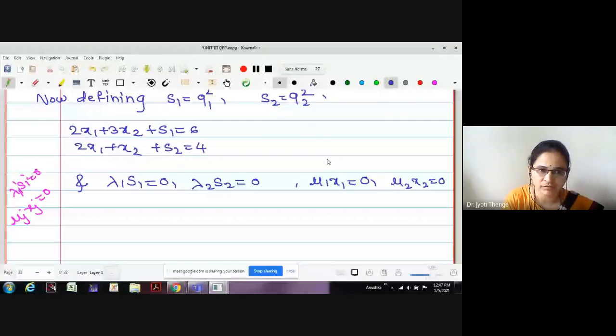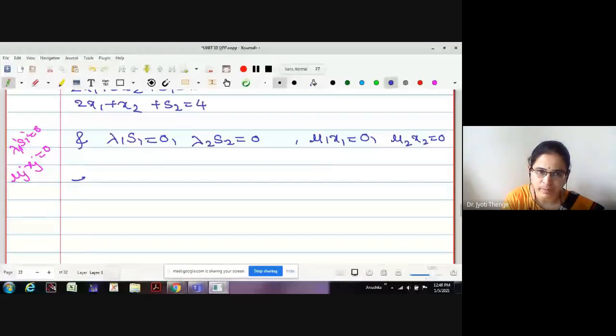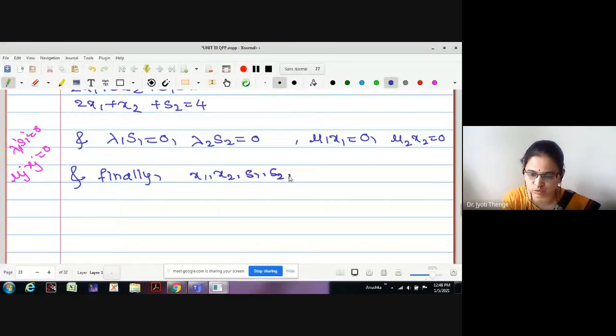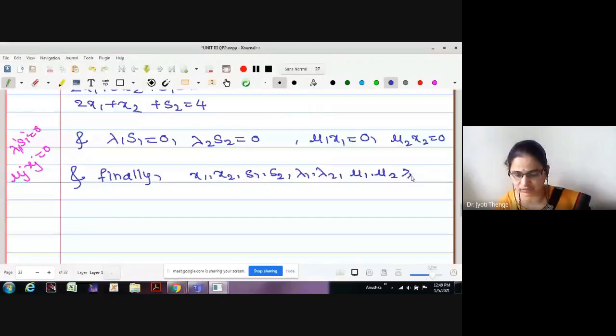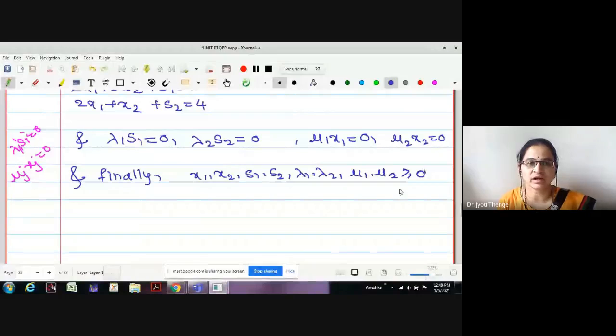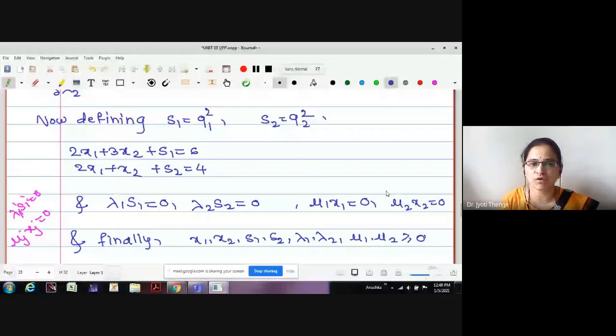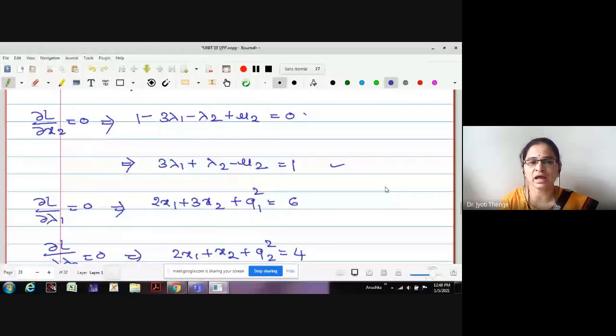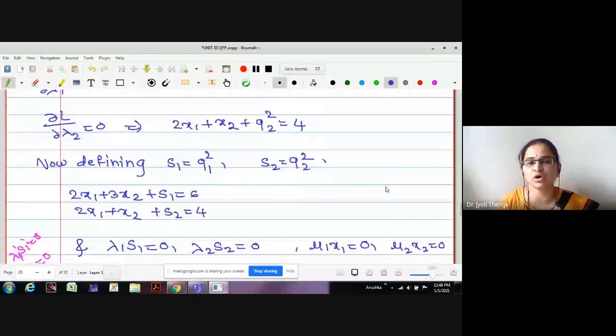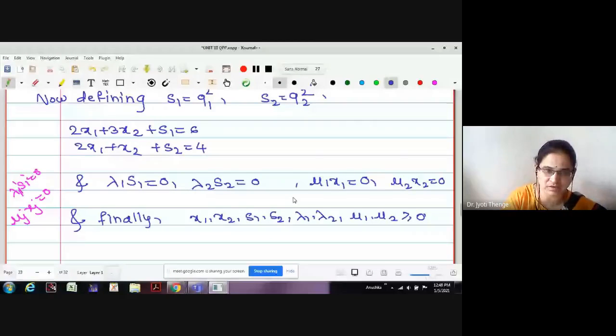Finally, how many variables do we have? x1, x2, s1, s2, lambda 1, lambda 2, mu 1, mu 2, all are non-negative. Understood the Kuhn-Tucker conditions? 4 linear and 4 non-linear conditions, so in all we have 8 conditions in our hand.